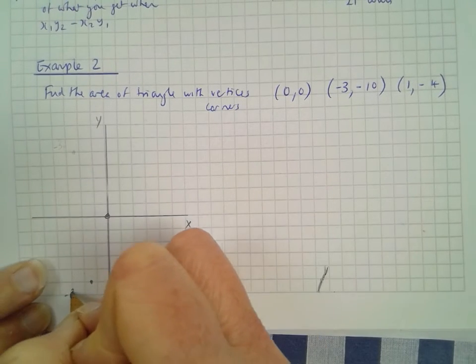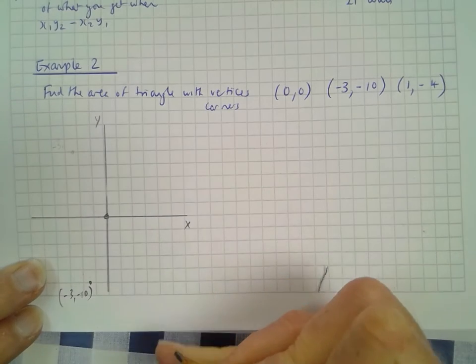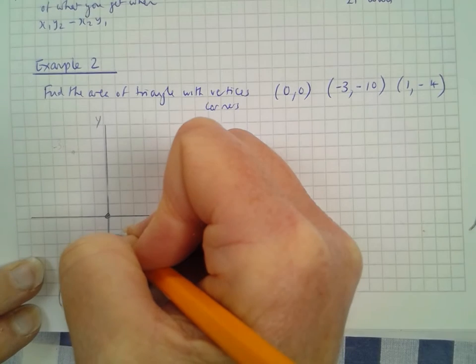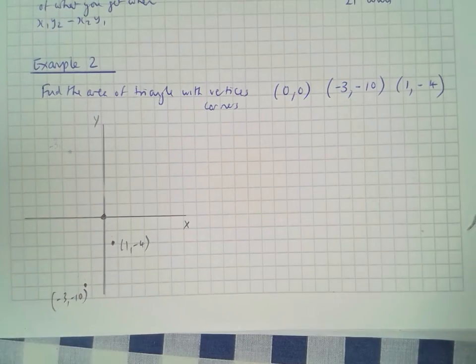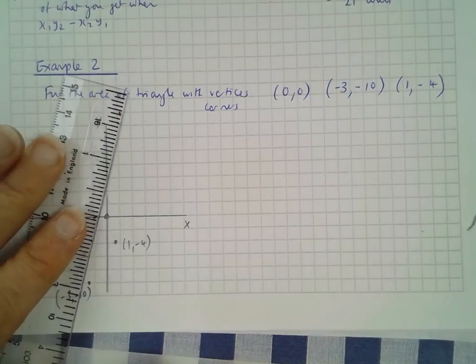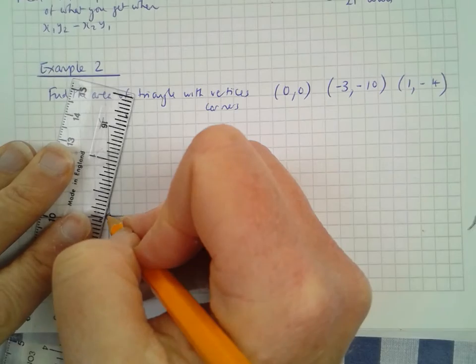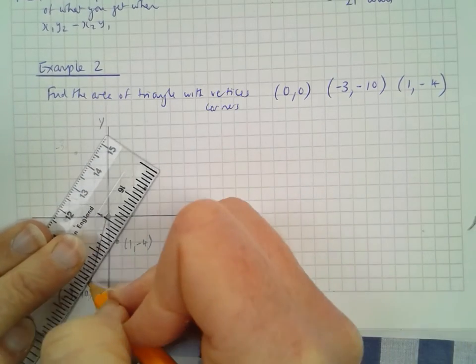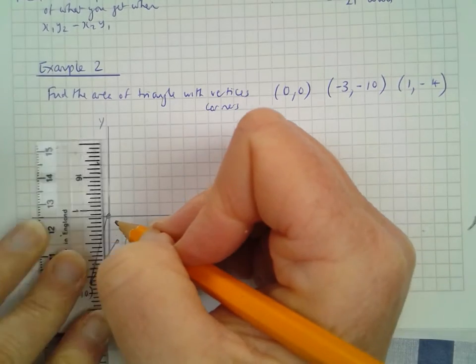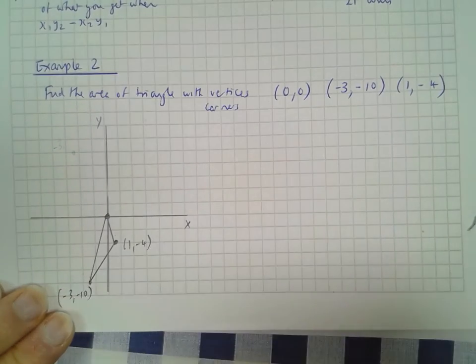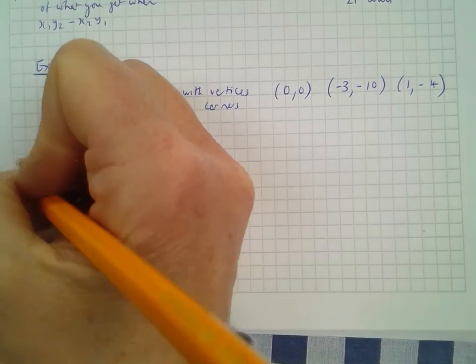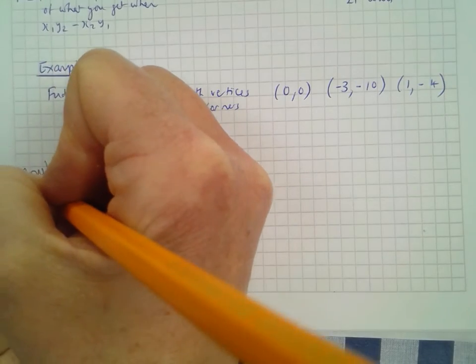And 1, minus 4 would be somewhere like this, maybe. So this triangle looks like this. It's a bit skinny. Now, this is only a rough sketch, but it just lets us know roughly, and why this is useful we'll see later on in other examples.